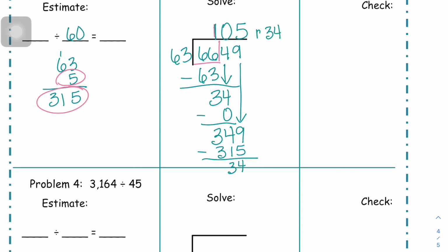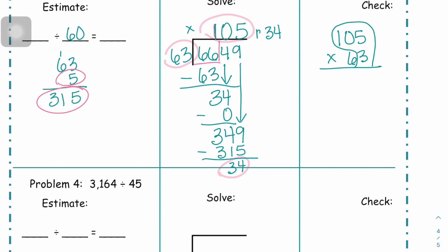Now this time, I'm going to have to put my quotient on top because it's a 3-digit number. So 105 times 63, and this is turtle head. So we've got 15 X's and O's, and we've got 6,300.